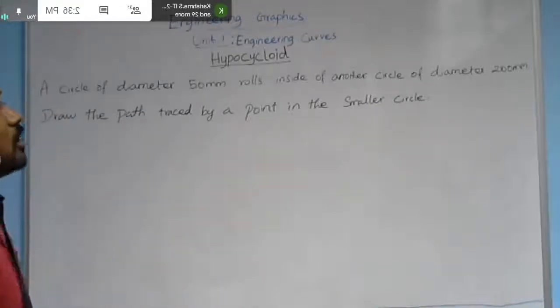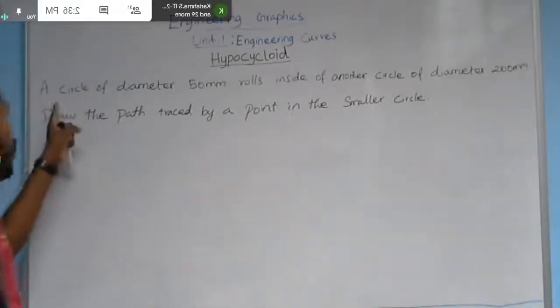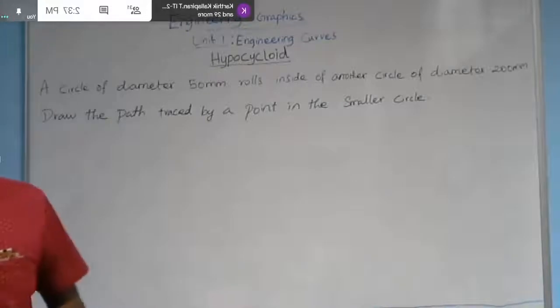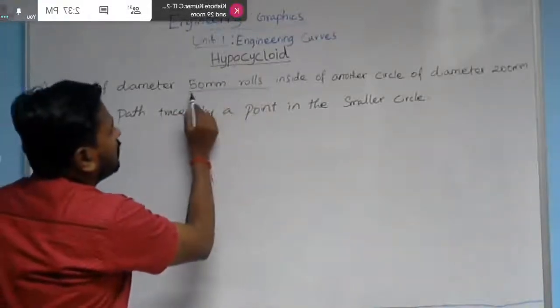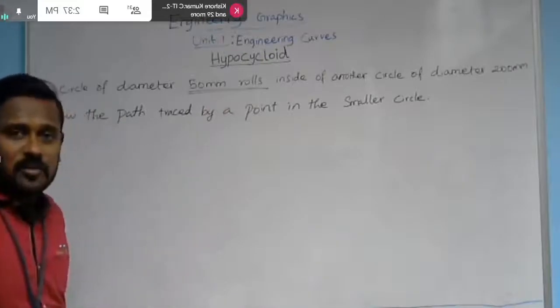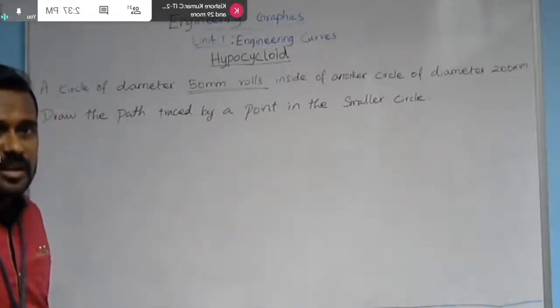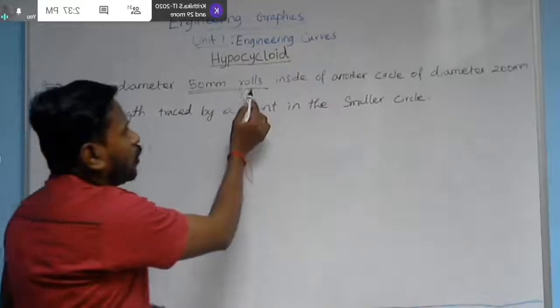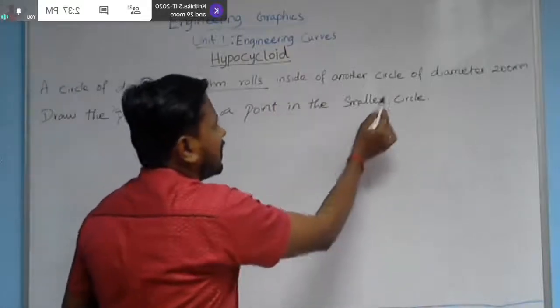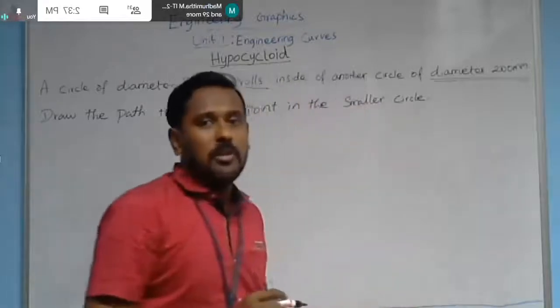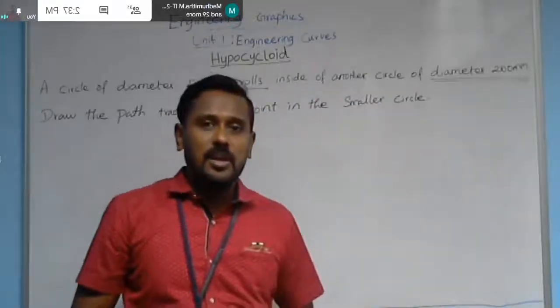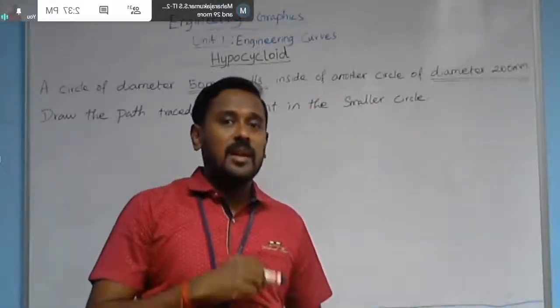And this is the problem statement. A circle of diameter 50 mm, which is the diameter of the smaller circle or generator circle, rolls inside of another circle of diameter 200 mm. This 200 mm diameter is the diameter of the bigger circle or the director circle.